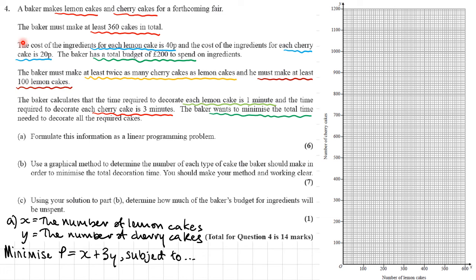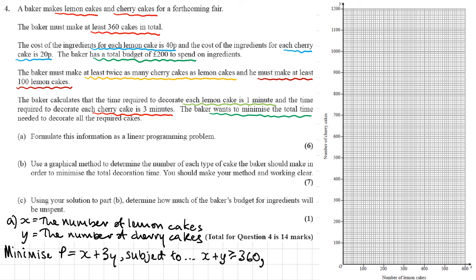We'll go right back to the beginning of the question and do the constraints as we go along. The first thing here, the baker must make at least 360 cakes in total. So the number of lemon cakes and the number of cherry cakes must be at least 360, so x plus y is greater than or equal to 360. If we continue, the cost of the ingredients for each lemon cake is 40 pence, and for each cherry cake is 20 pence, and they have a total budget of £200 to spend on ingredients.